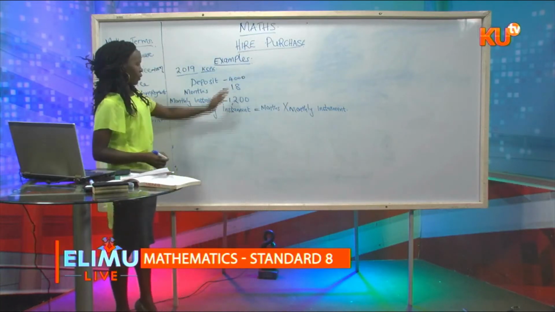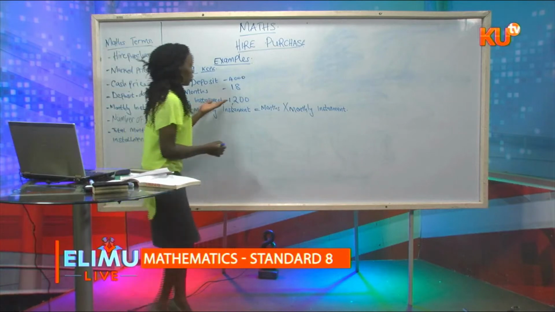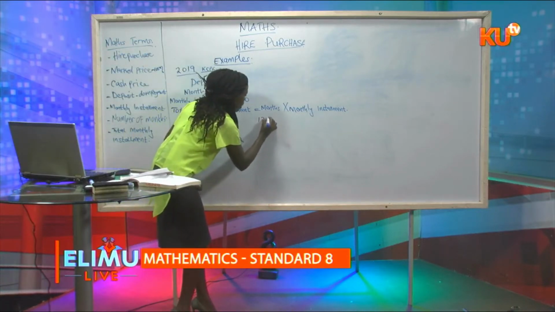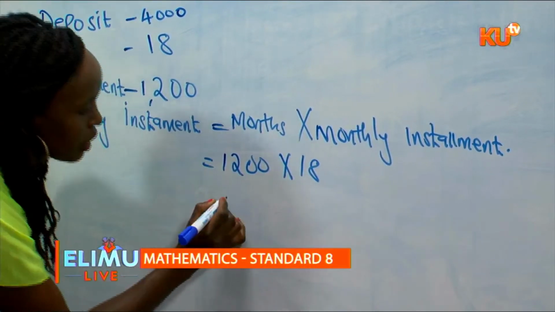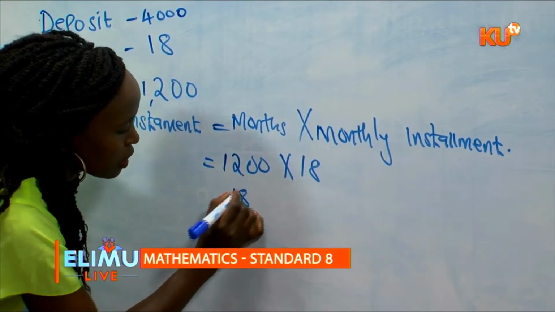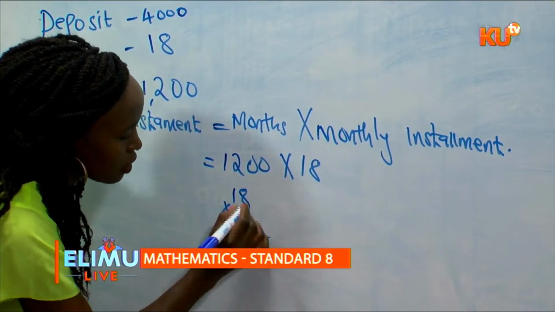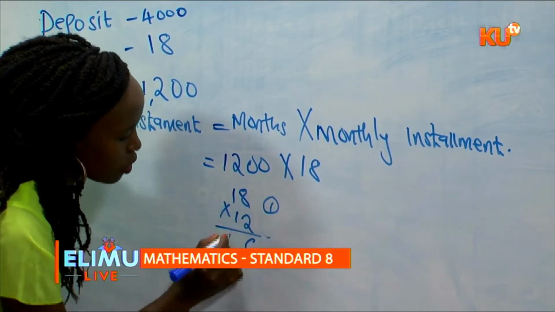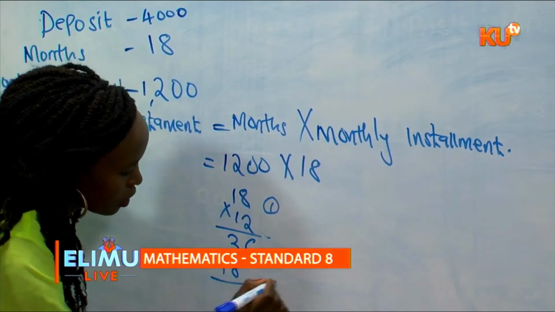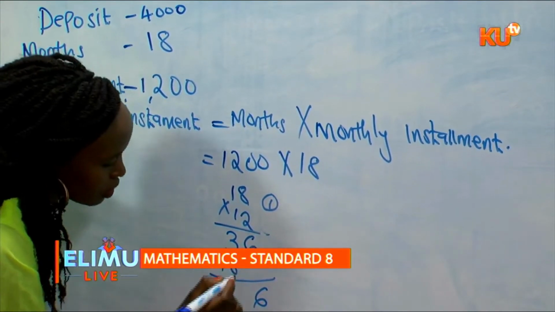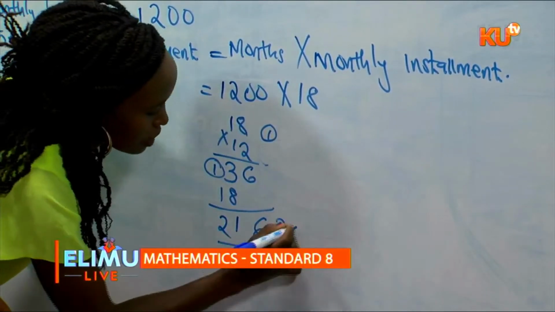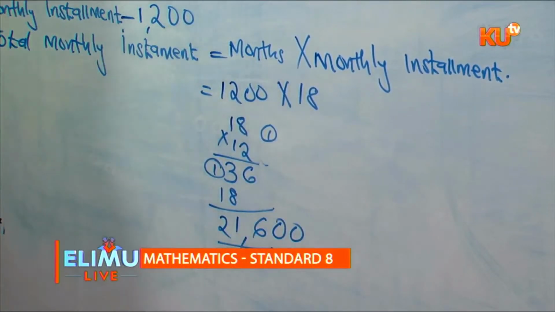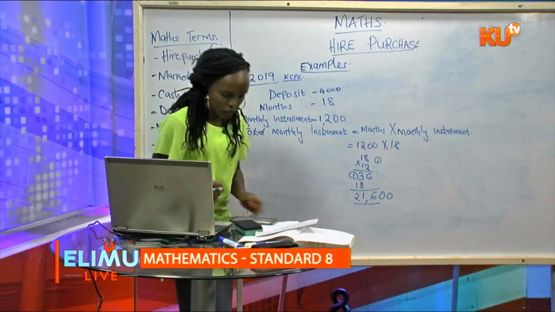So the number of months were 18 and the monthly installment was 1,200. 1,200 times 18. So we take 18 times 12, 16, carry 1, 2, 3. We get 216, then times 100. We get 21,600. 21,600 is now the total monthly installment.